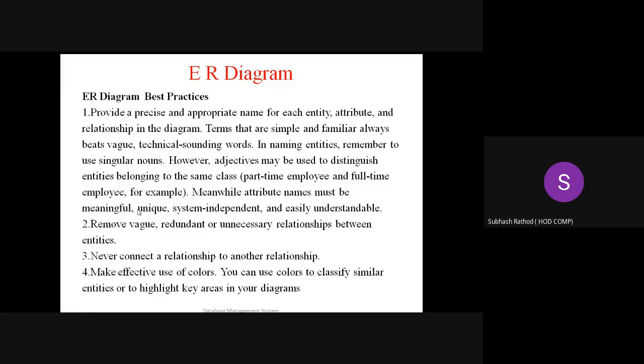However, adjectives may be used to distinguish entities belonging to the same class. Right, attributes too. For example, if we consider a student from class A and a student from class B, their roll numbers are different, which means the attribute can distinguish the student.